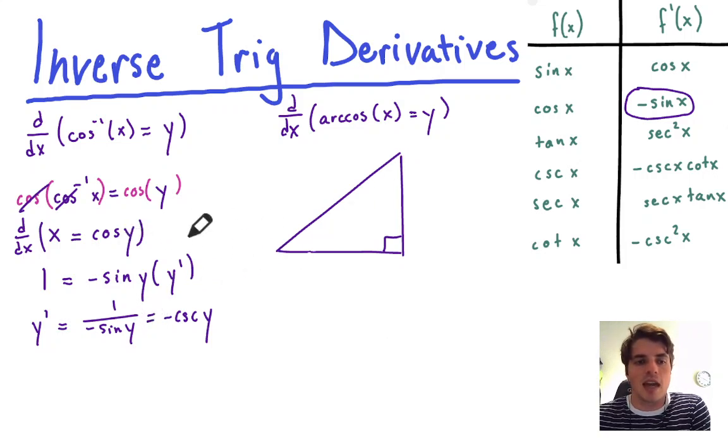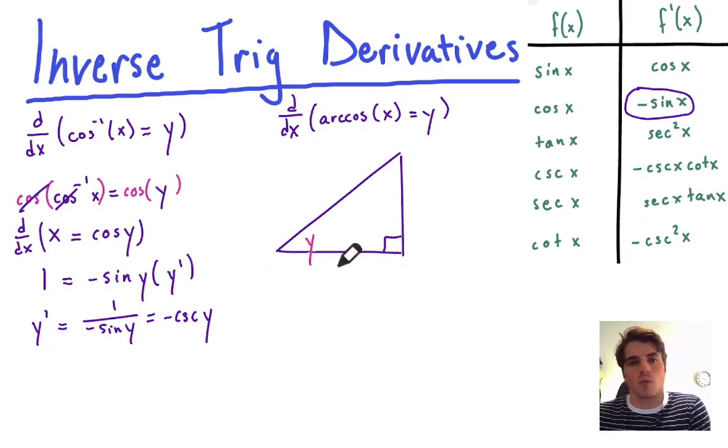We can pick any angle to be angle y. And we're going to use the fact that x is equal to cosine of y to our advantage here, to figure out a way to get sine of y. Okay, so cosine of y is adjacent over hypotenuse, and that is equal to x.